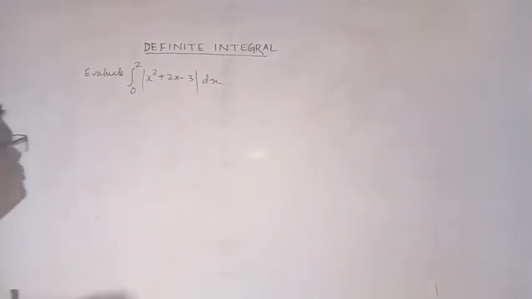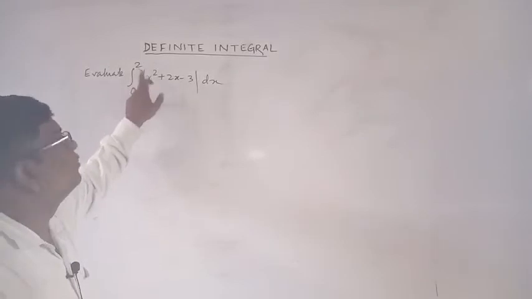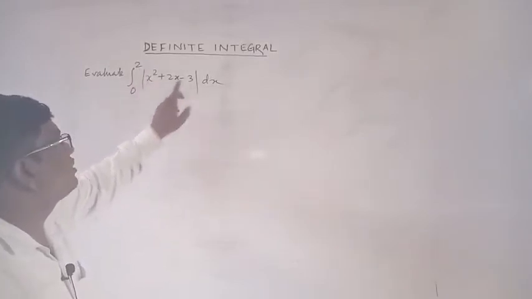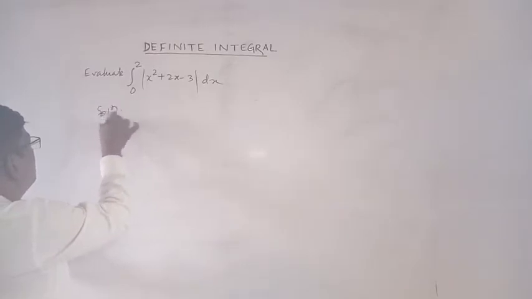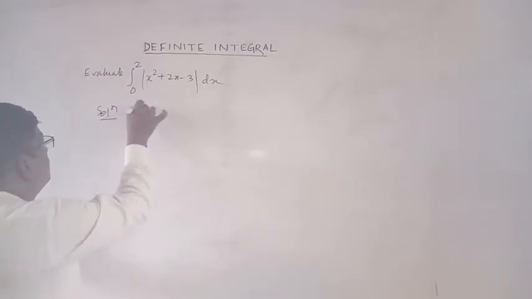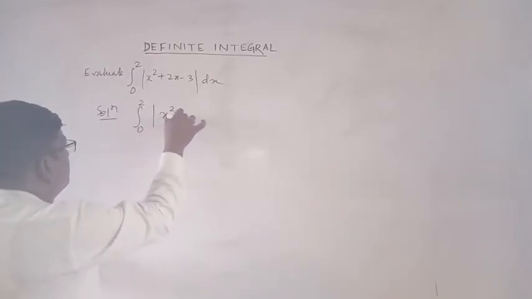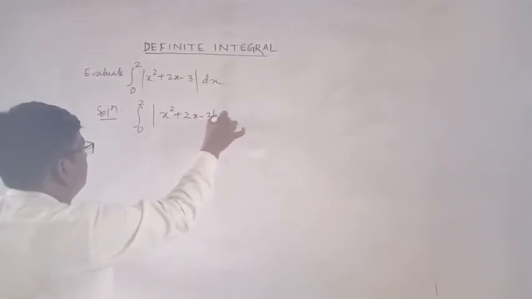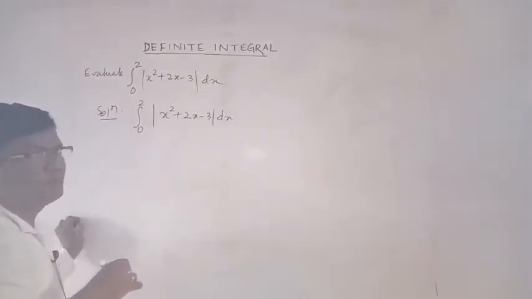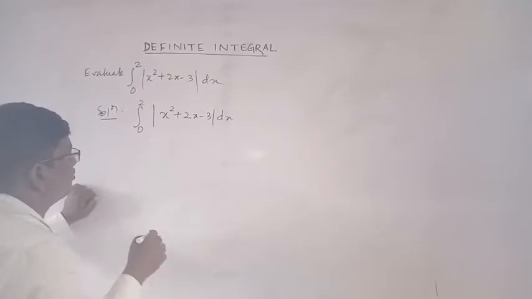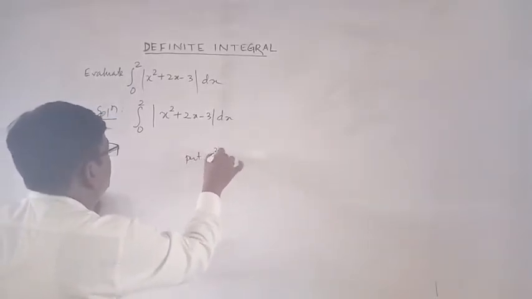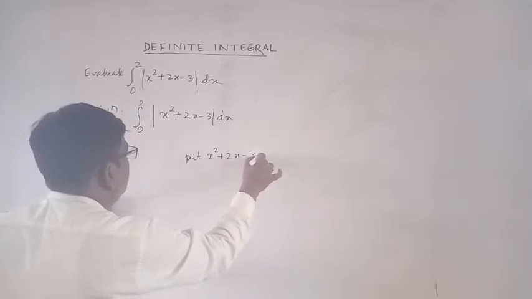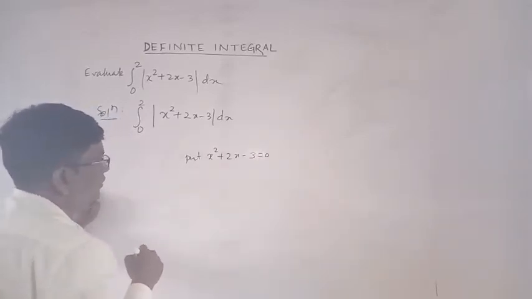Evaluate integration from 0 to 2 of mod of x square plus 2x minus 3 dx. Solution: we have to find the sign, so put x square plus 2x minus 3 equal to 0 and solve it.